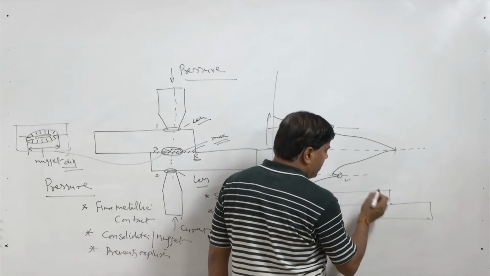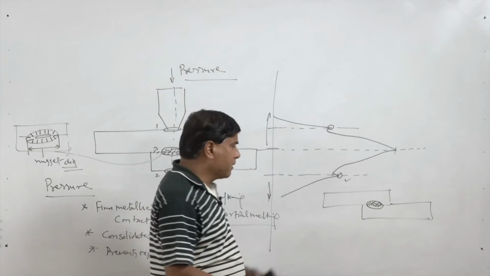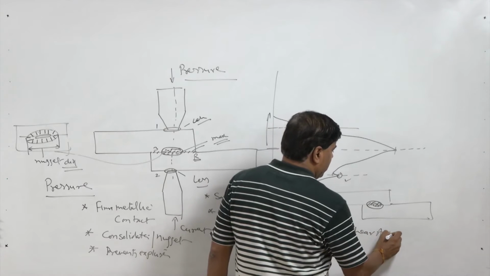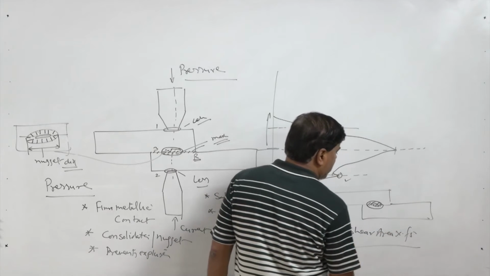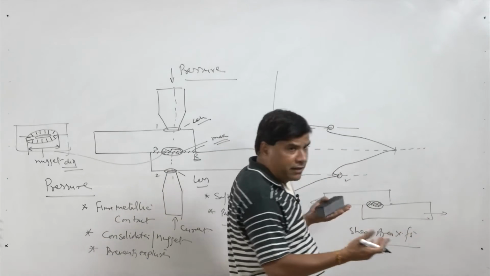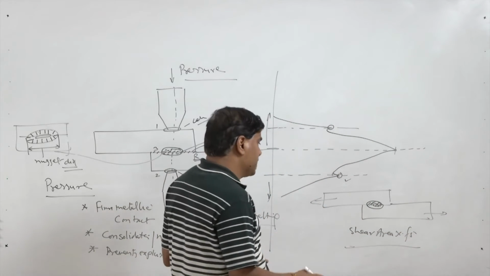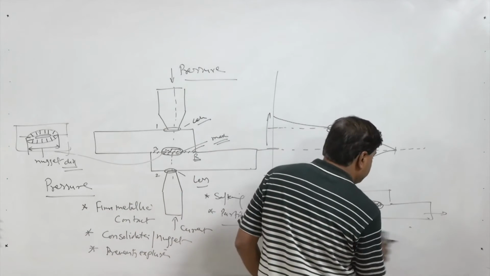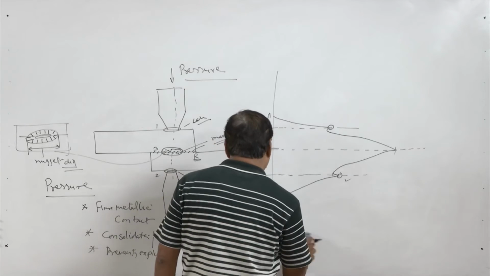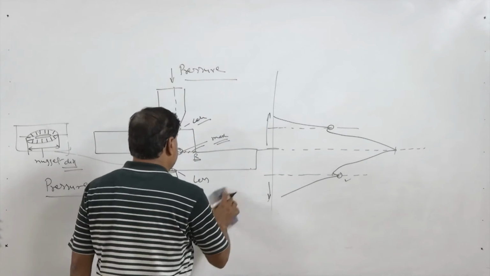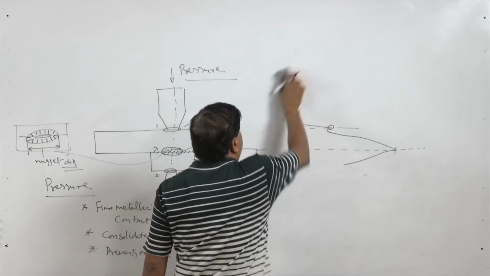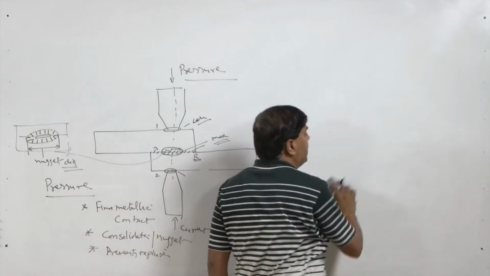Larger nugget diameter in general increases the load carrying capacity, or the shear area multiplied by, of course, shear strength will give us in this lap joint configuration the load carrying capacity under the shear conditions. So, increase in diameter of the nugget directly determines the load carrying capacity, and the nugget diameter is governed by the amount of heat being generated.